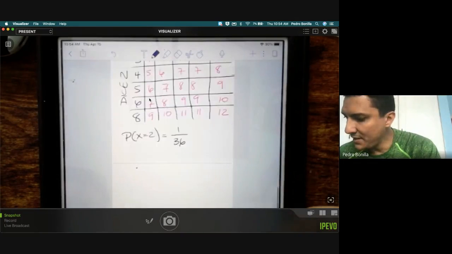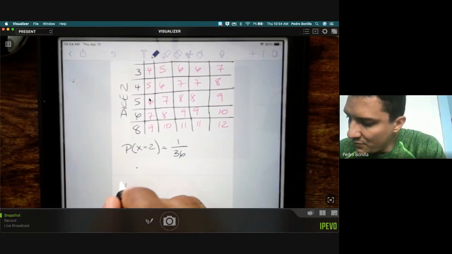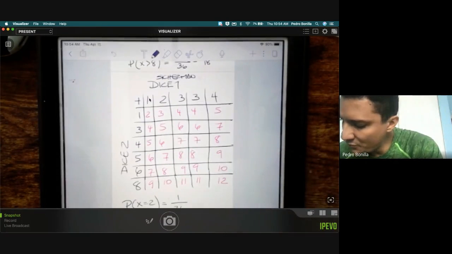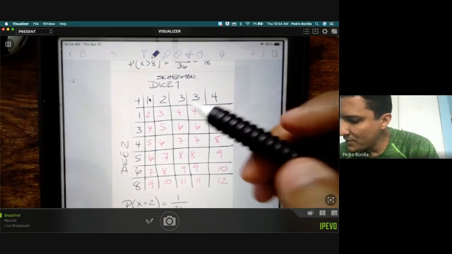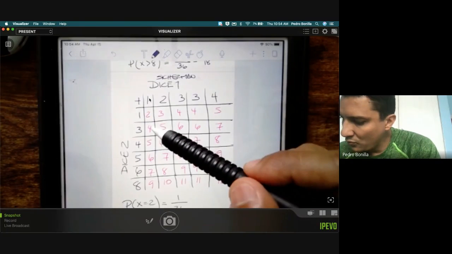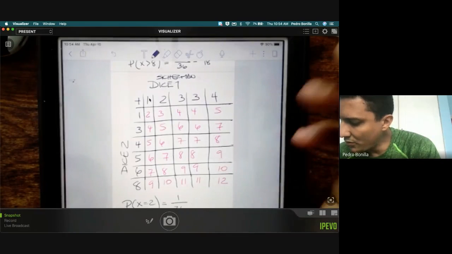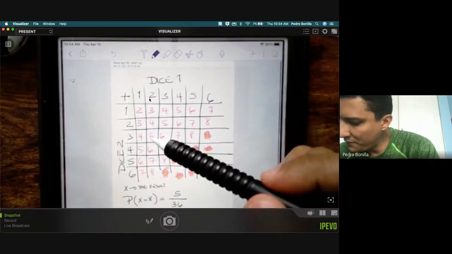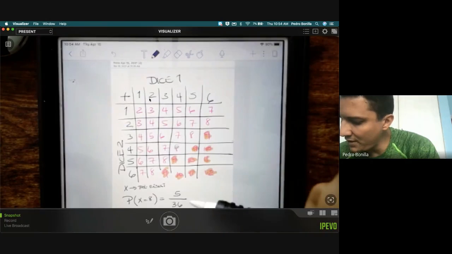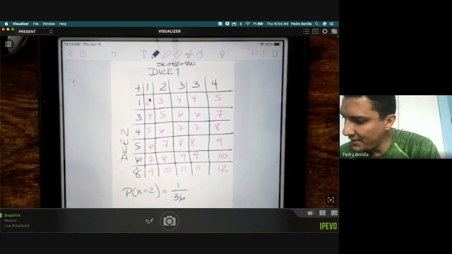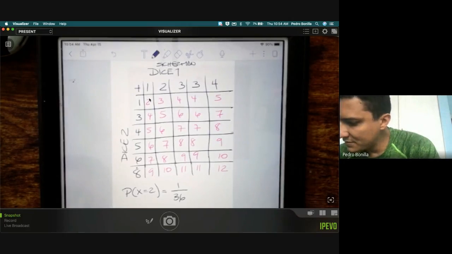Let's see the probability that the result is 4. 1, 2, 3. 3 in total. And here 1, 2, 3. So notice that it is the same. 3 out of 36.